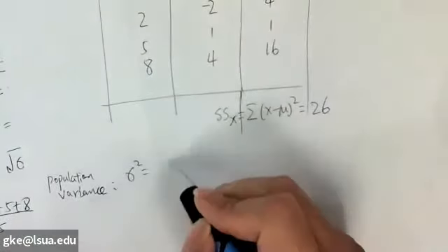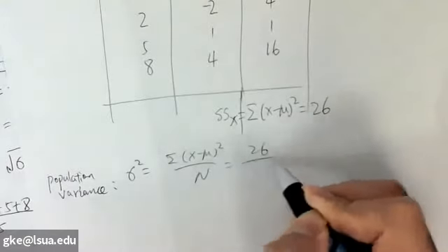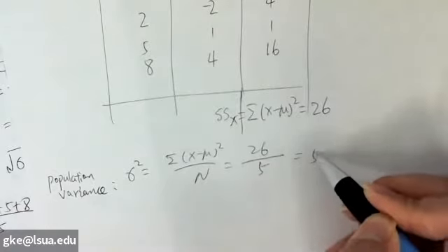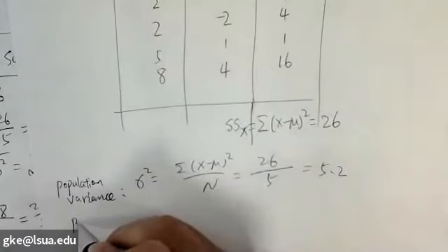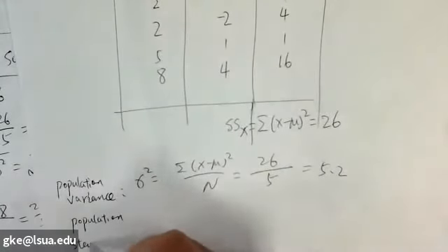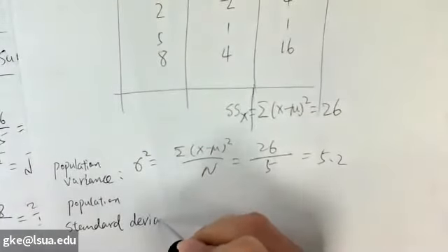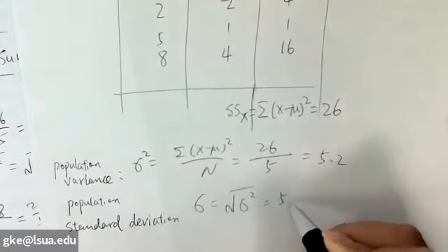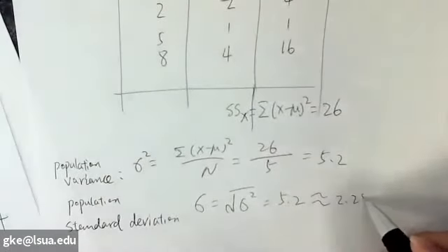Population variance, summation of this guy divided by n, and divided by 5 is 5.2. Okay, we get the same answer. And the population standard deviation, we're gonna do the square root of this guy. And it's about the same thing, 2.28.